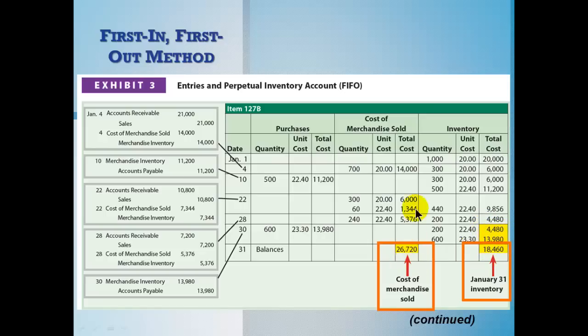And then the cost of goods sold, if I just add this column, as I made my sales under a cost flow assumption, first in, first out, this is what ended up as my cost of merchandise sold, cost of goods sold, which is an expense, and it's matched against that revenue. Now remember, revenue is simply they were all sold at $30 each, so the revenue is going to be this $21,000 plus this $10,800 plus this $7,200.